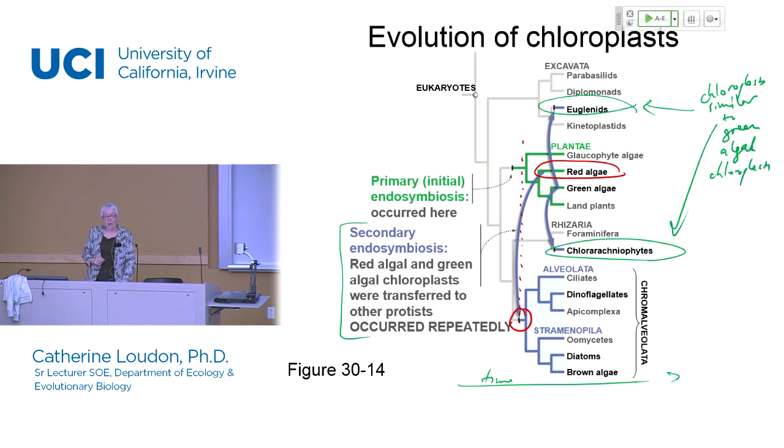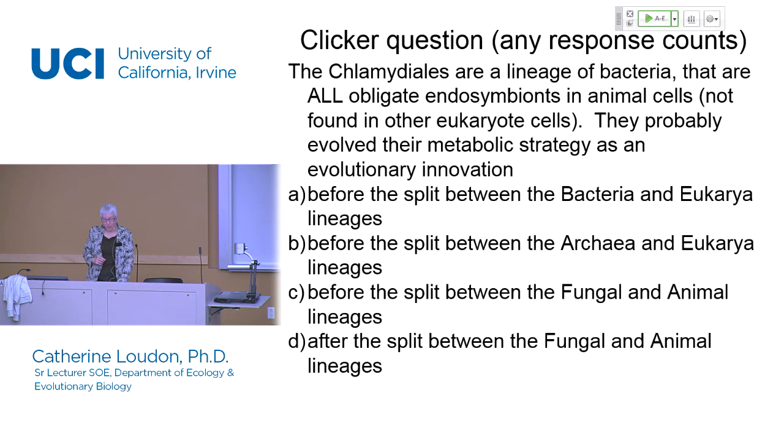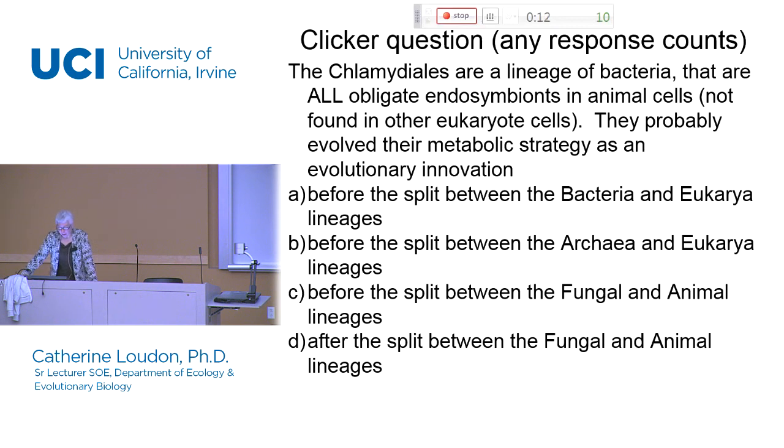Well, one way of evaluating that is to give you a clicker question where we can consider changes in time. Let's consider this one. Any response counts. This is an example of a test question from a previous year. Consider a lineage of bacteria. This is a real lineage of bacteria, the Chlamydiales. They are all obligate endosymbionts.